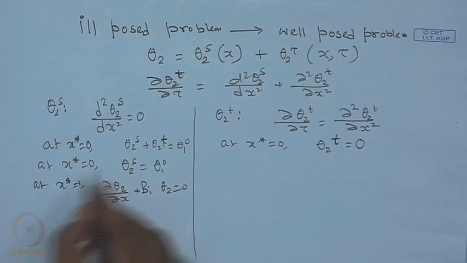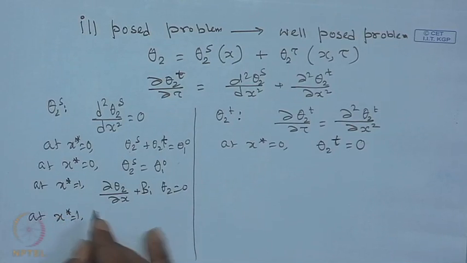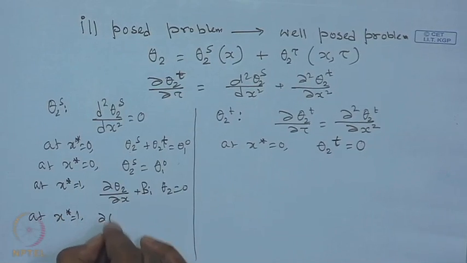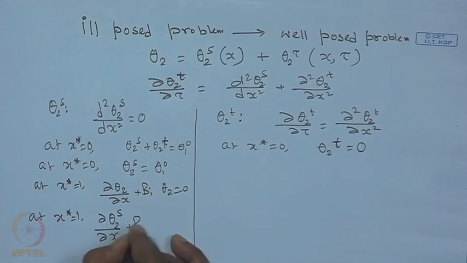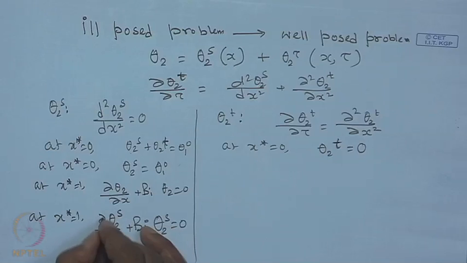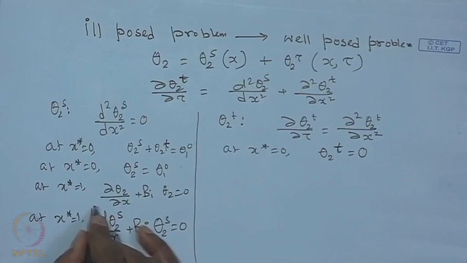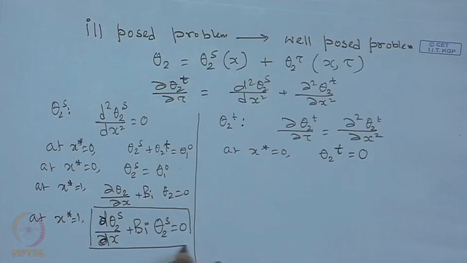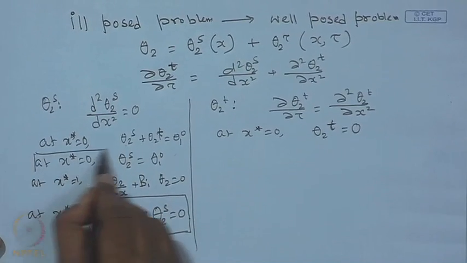So, we get the boundary condition of theta 2 s at x star is equal to 1: d theta 2 s d x plus Bi theta 2 s is equal to, this becomes a total derivative.